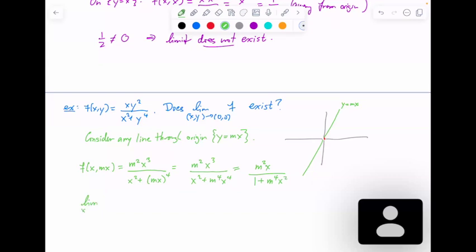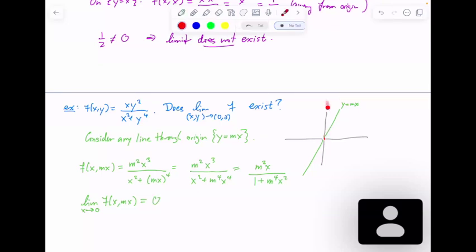So now let's take the one variable limit as x goes to 0 of this function here. Remember, this single variable function is given to us by restricting our two variable function to the single line y equals mx. What's the limit of this? So far, this limit looks like 0. And this is pretty general, right? This holds true for every single slope m.